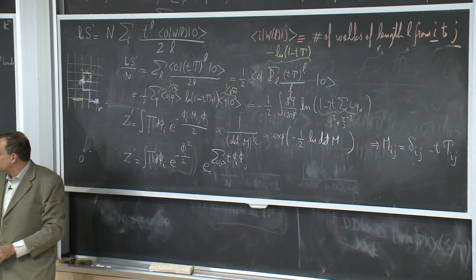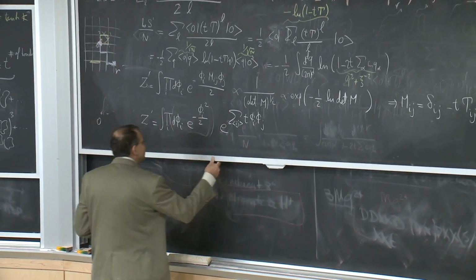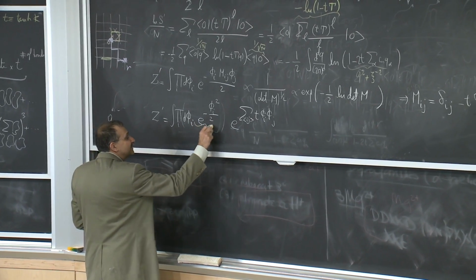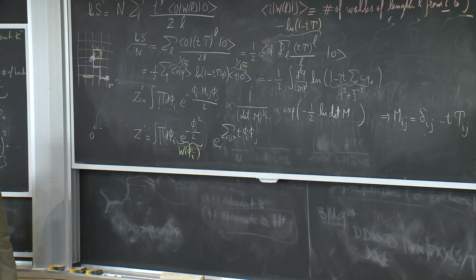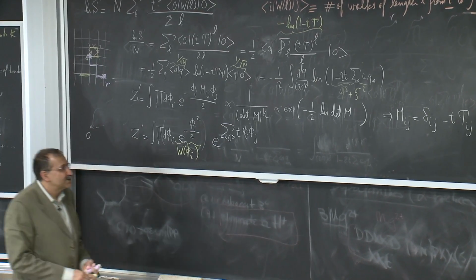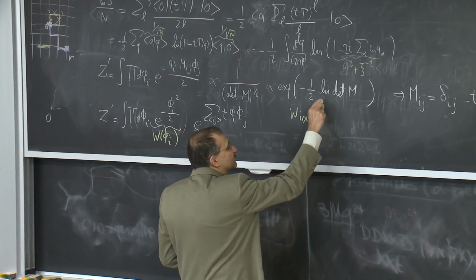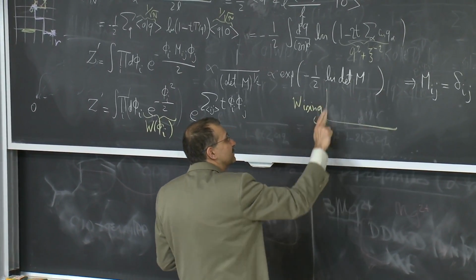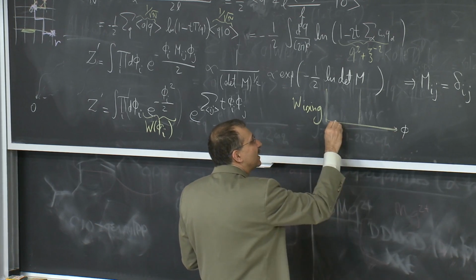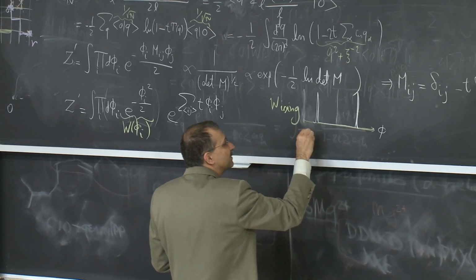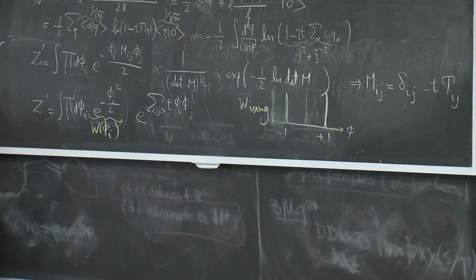So really the difference between the Ising and what I have done here can be captured by putting a weight for the integration per site. So if I really want to do Ising, the weight for phi has to have a delta function at -1 and a delta function at +1, right?